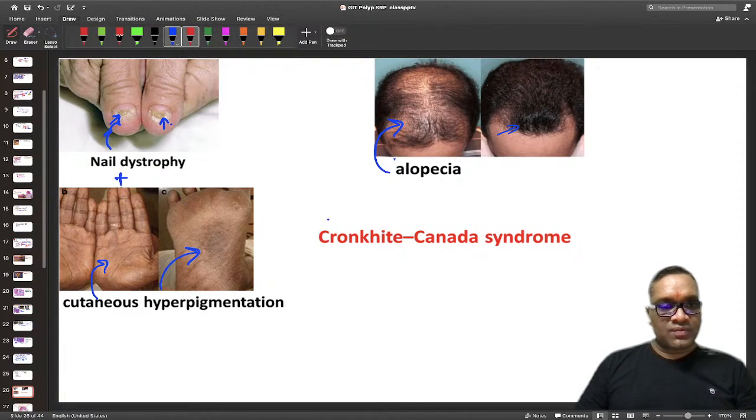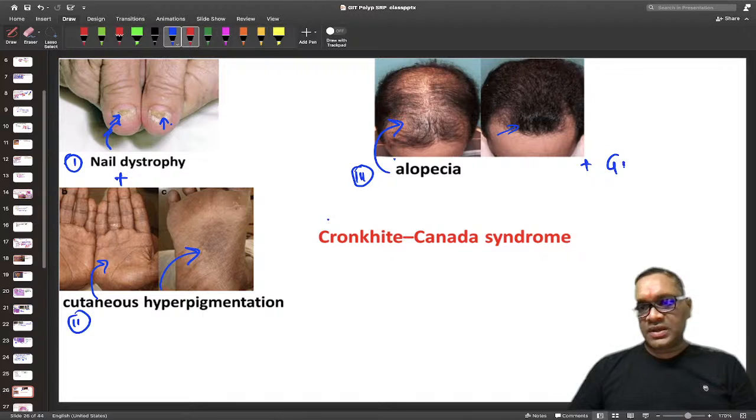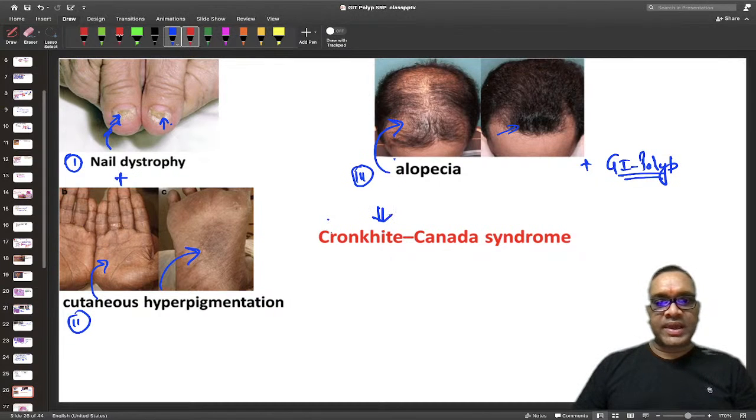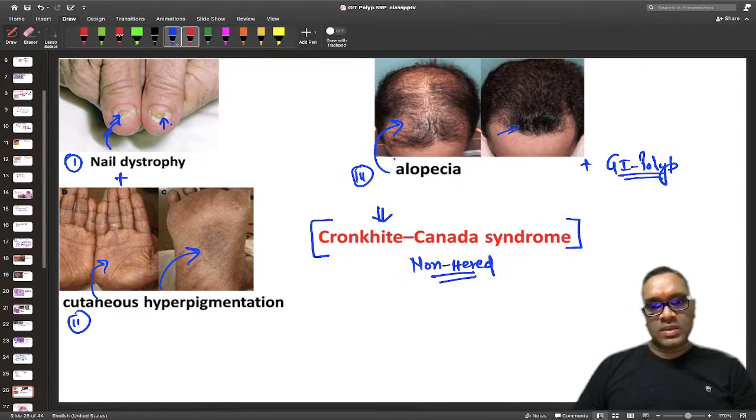So nail dystrophy, cutaneous hyperpigmentation, alopecia, and if you see a history of GI polyp on endoscopic examination, right? So remember, this can be a case of Cronkite Canada syndrome, right? What is Cronkite Canada syndrome? It is a non-hereditary polyposis syndrome, right?